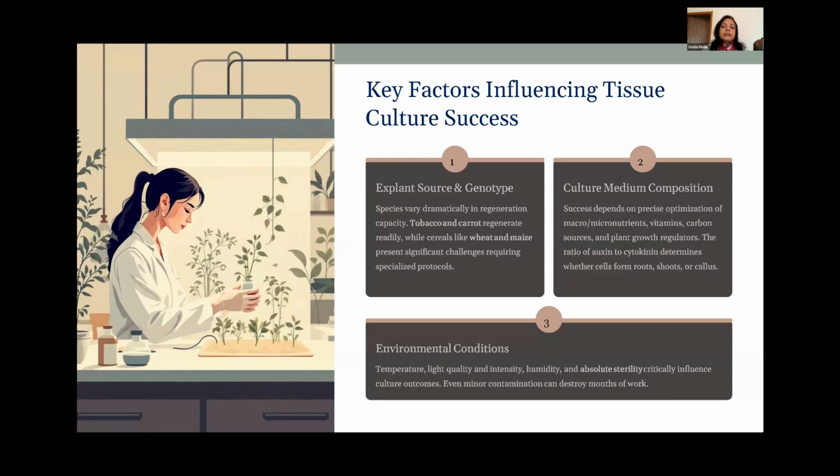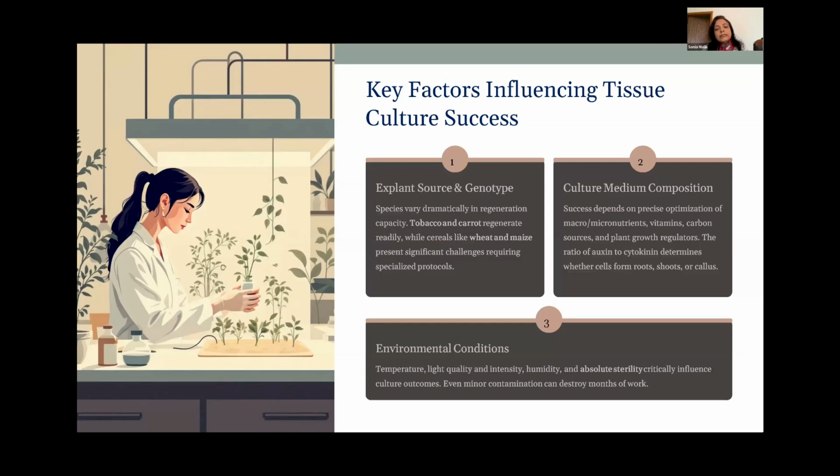It depends a lot on the overall success of the tissue culture, because if our initial material that we are going to take to raise the tissue culture plant, or to obtain any plant-derived natural compounds, or just to multiply them using the tissue culture method, is contaminated or not good enough, then we are not going to get any results. So the very first requirement is to have explants which are very healthy and in the young dividing stage.